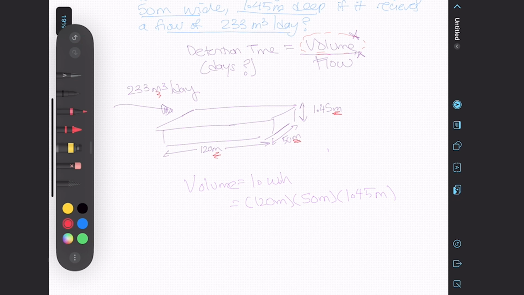Whenever I'm using a formula, regardless if it's an easy one like volume, maybe we've done it 100 times, I'm still always going to put in my units. Not only does this ensure that my units are all consistent, but it also ensures that I'm using the right formula and getting the right end result. So let's put this into our calculators, and we get that the volume is 8,700 meters cubed.